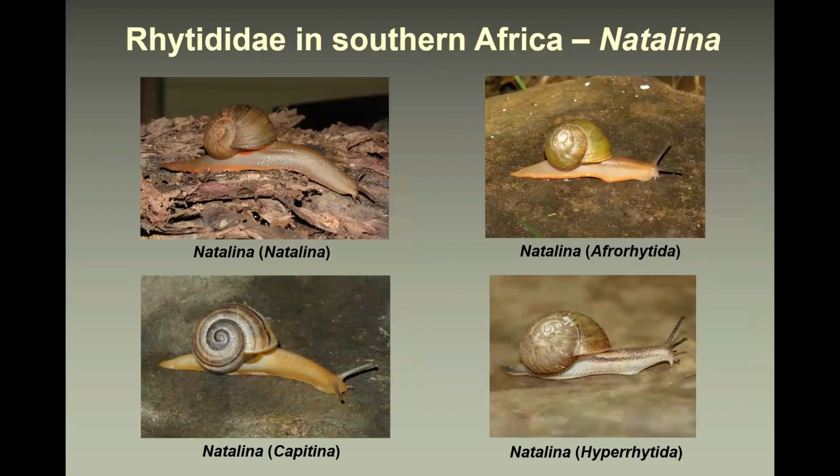So in terms of Southern Africa, genus Natalina was split into 4 subgenera based on the work of Hugh Watson, who I'll come back to in a minute. We had Natalina sensu stricto here, and then Natalina afroritida here, Natalina capitina, and Natalina hyperritida.